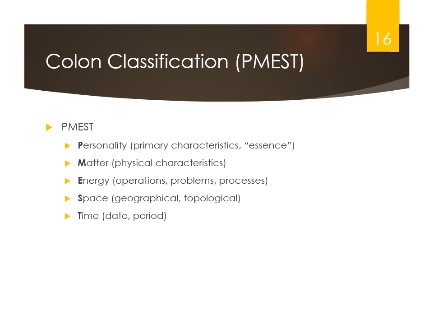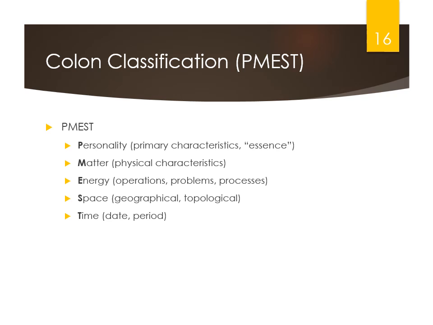E is energy, an activity, operation, or process. S is space, a specific or generic place or location. And T is time, a chronological period, year, section, or season, etc.